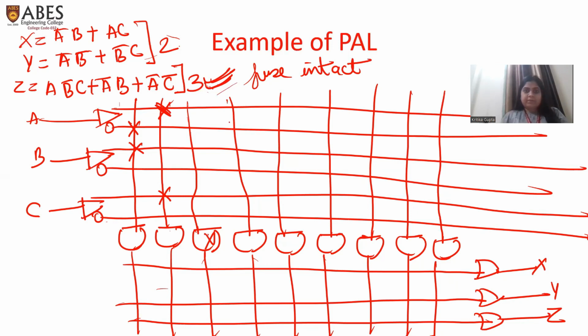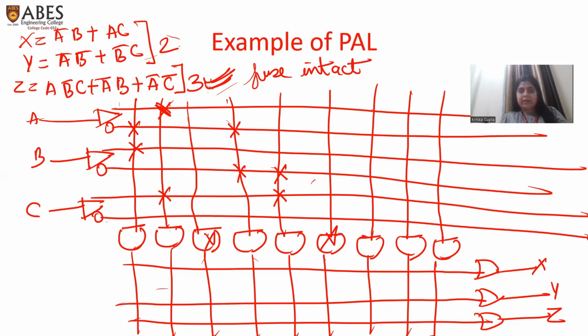Again, A bar, B bar, and B bar, C for this. Again, for the Y function, I am not using this programmable AND gate because there are only 2 minterms. So for this AND gate, fuse intact is there.